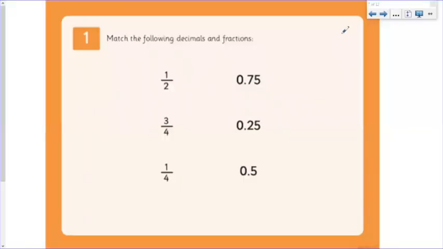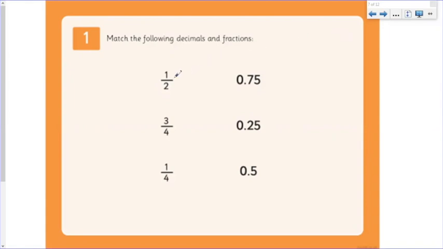So your first task is to match the following decimals and fractions. So pause the screen here. Okay, let's see if you can recognise these fraction and decimal equivalents.